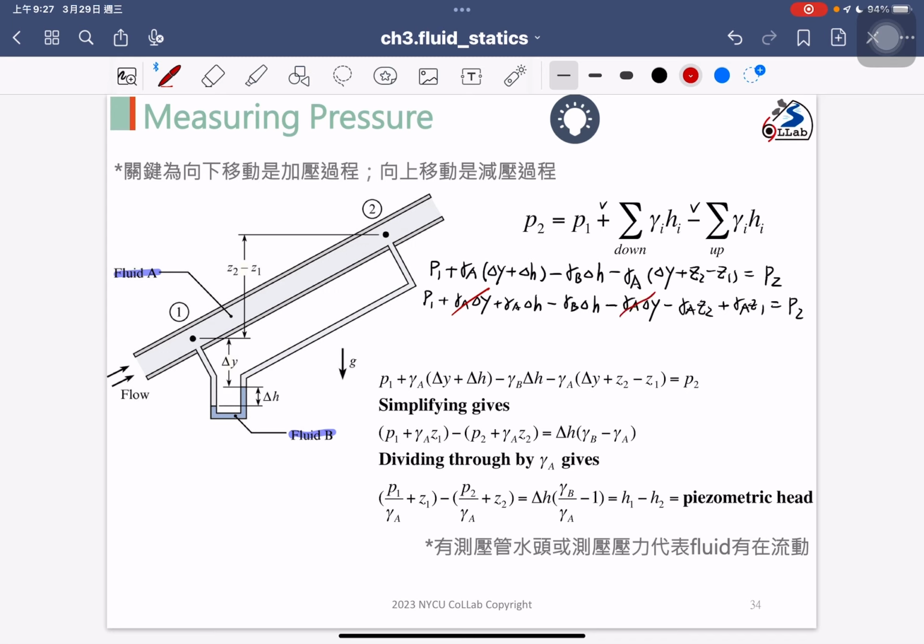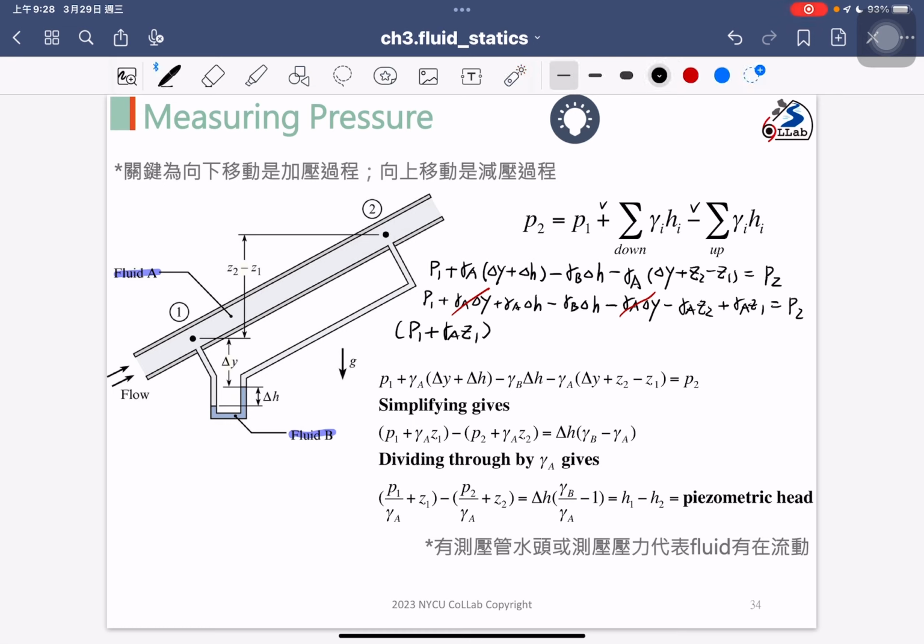And we put the same point together. At point 1, we have P1 and there is the gamma A Z1, right? So I just merge P1 together with Z1. Okay, so this is our piezometric pressure at point 1. And I combine again the P2: the P2 on the right hand side, I move to the left.